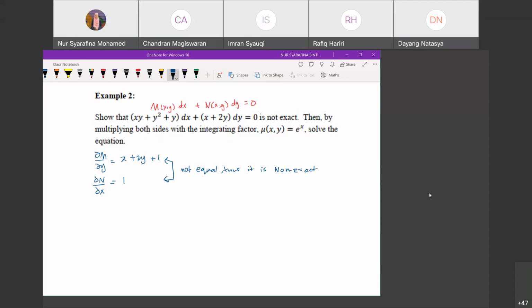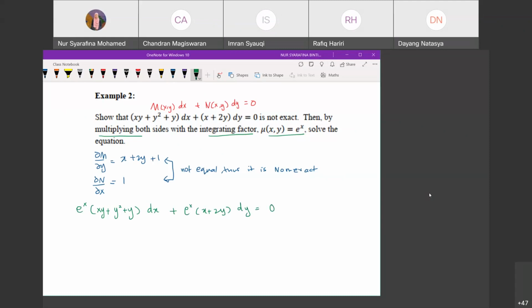So then by multiplying both sides with the integrating factor, solve the equation. Now we need to multiply with the integrating factor given here on both sides. So it now becomes e^x times the equation equals 0 times e^x, 0.